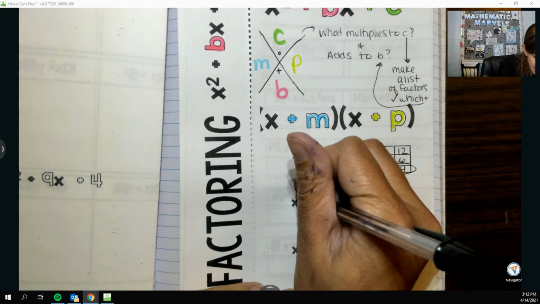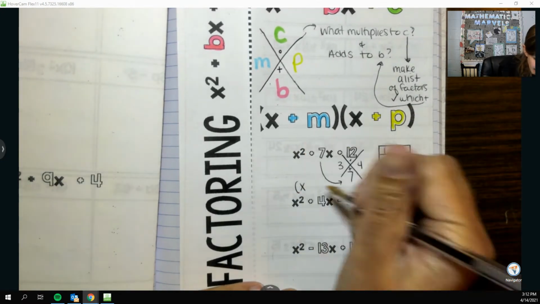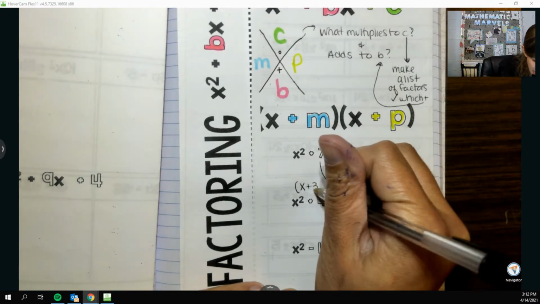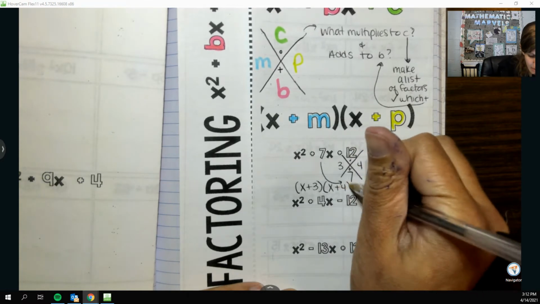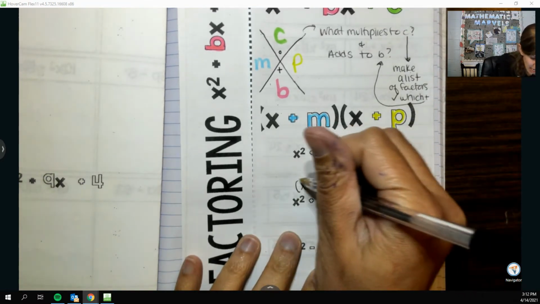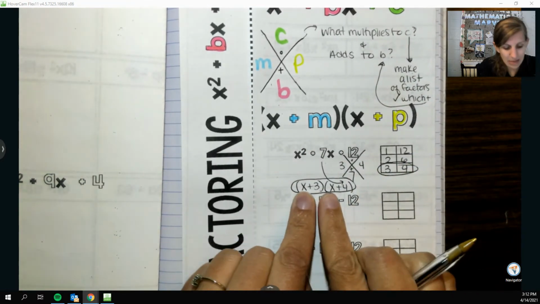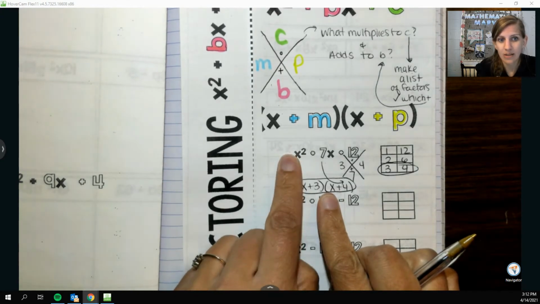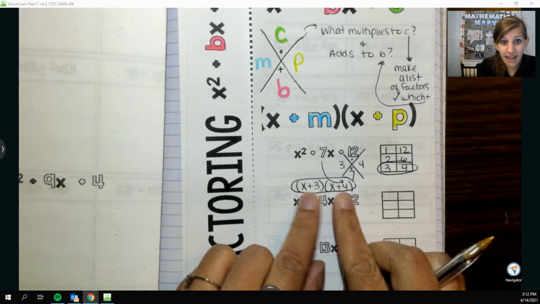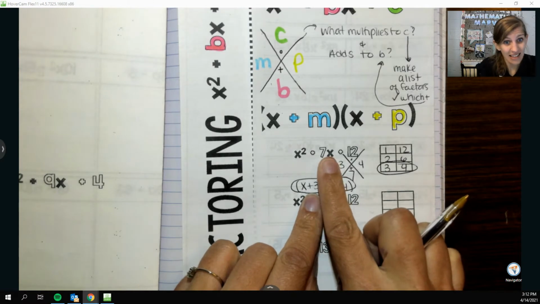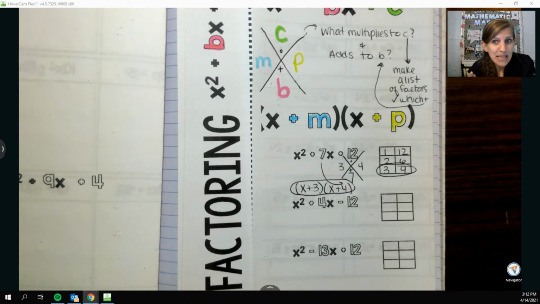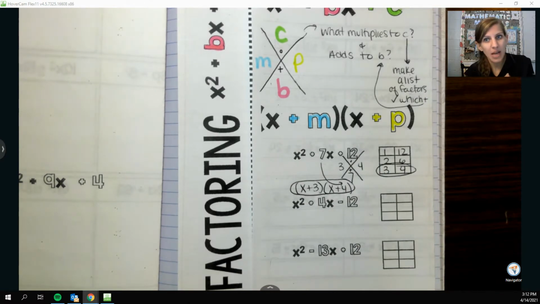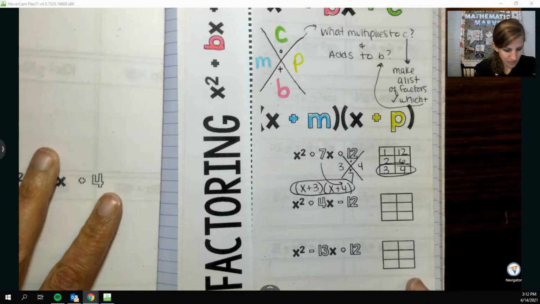And so when I write out my answer, I'll always have x plus 3 and then x plus 4. And again, the reason that this works is because now when I multiply this back, I do x times x for x squared, 4x plus 3x for 7x, and 3 times 4 for 12. So it's exactly the opposite of when we were FOILing and multiplying our binomials before. So we're undoing that process.